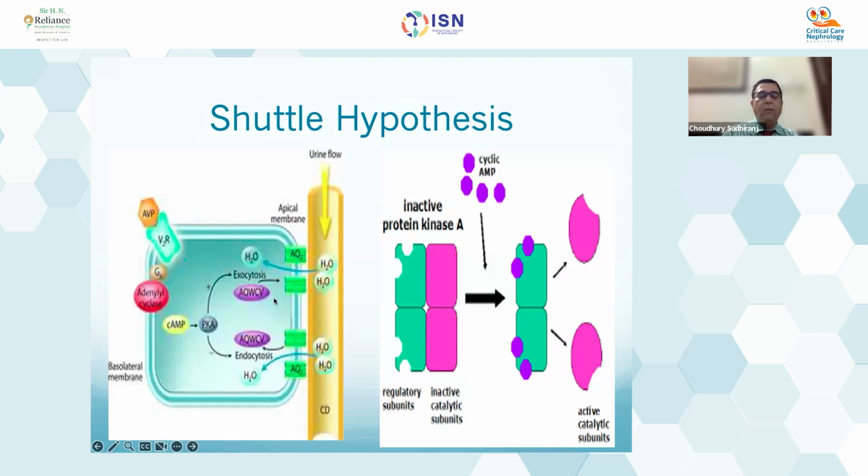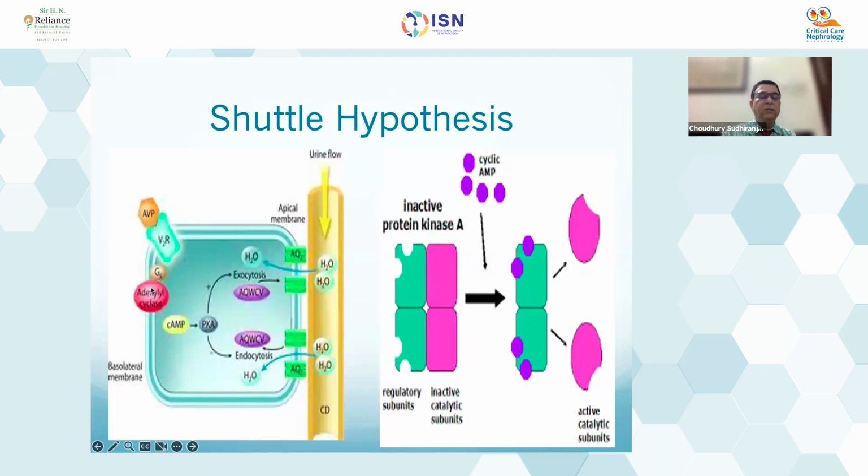This is an aquaporin channel. Okay, so it is not a pump. What is the difference between a pump and a channel? The pump requires ATP, or ATP is generated inside the pump to put the solutes inside or outside, like the sodium potassium ATPase pump.